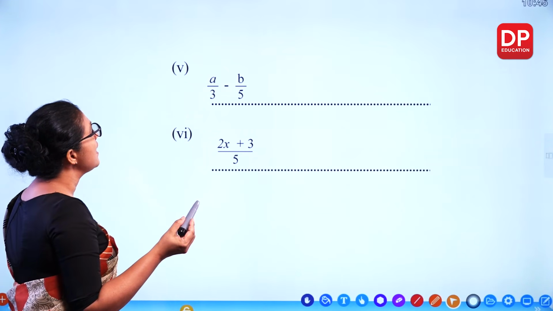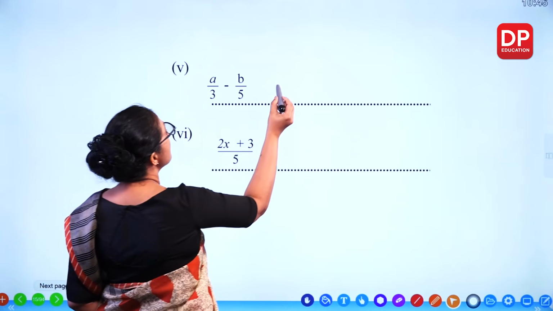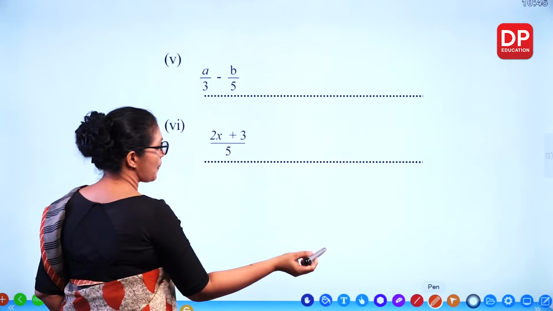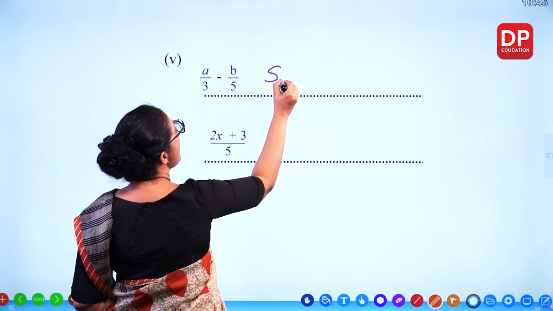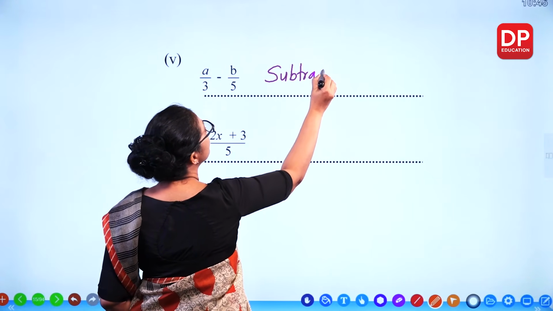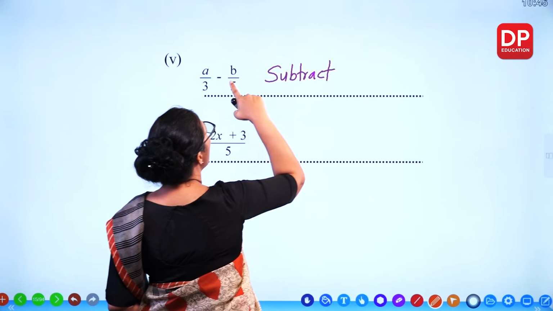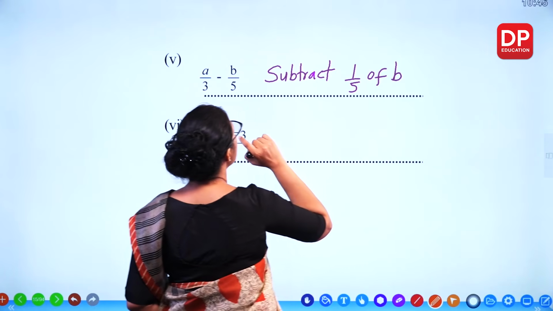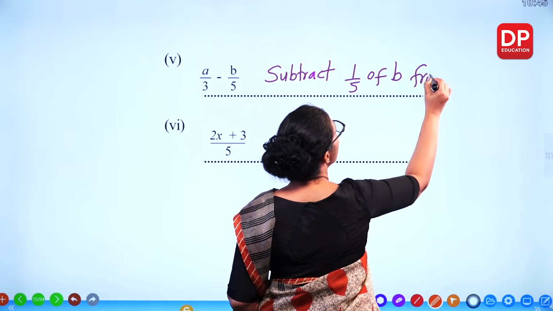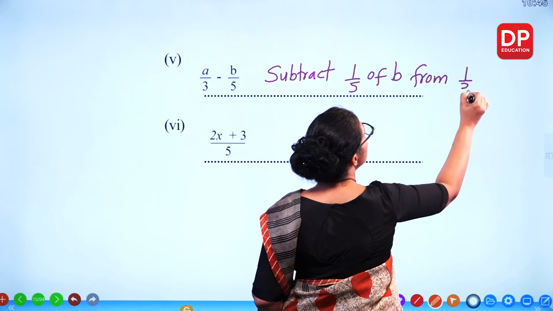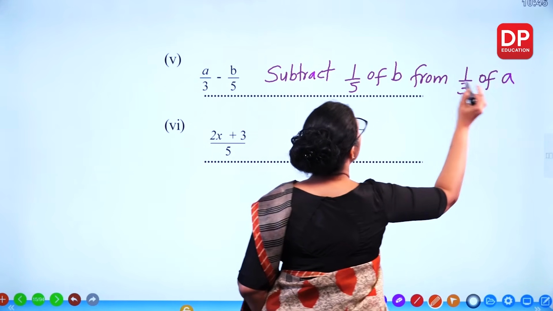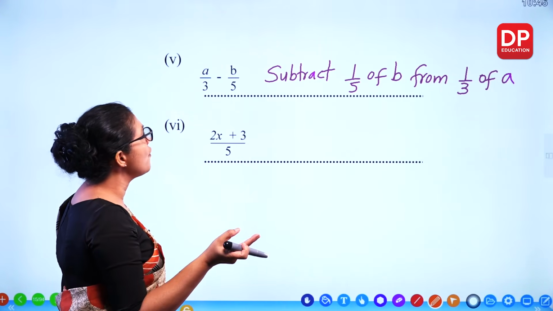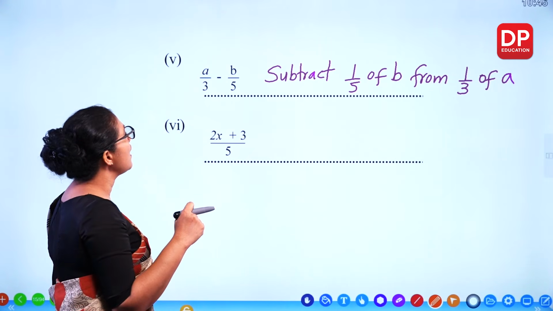So you can say subtract 1/5 of b from 1/3 of a.